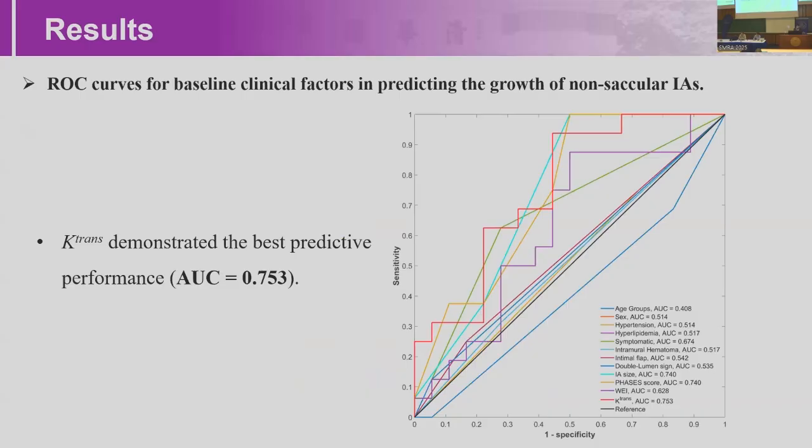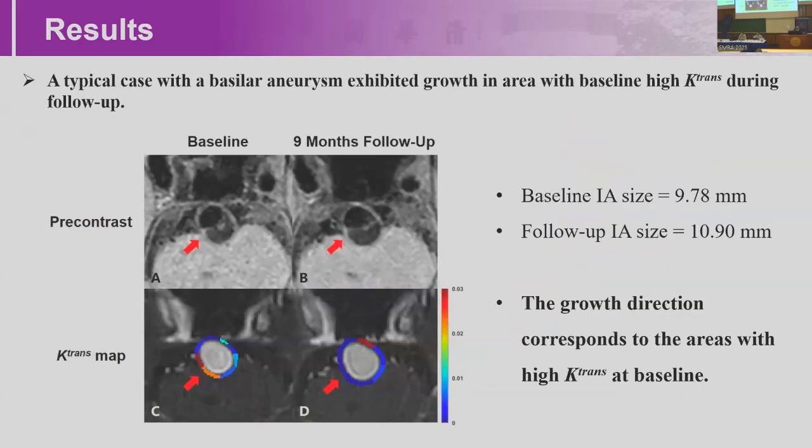This figure shows the ROC curve for predicting the growth of non-saccular IAs. We can see that Ktrans, shown by the red line, demonstrates the best predictive performance for the growth of non-saccular aneurysm. This figure shows a representative case.